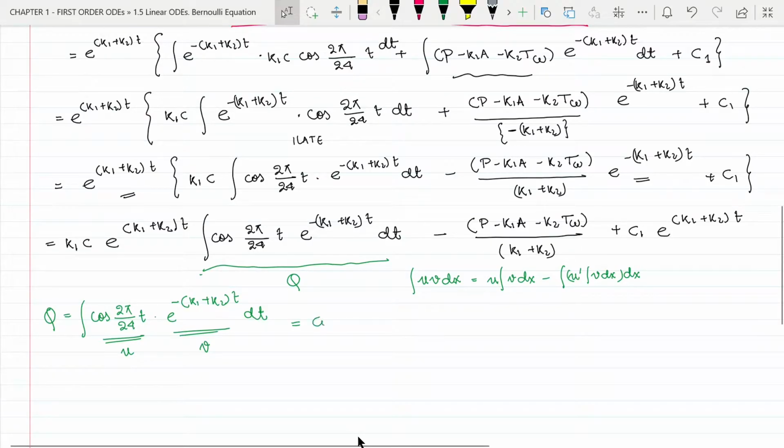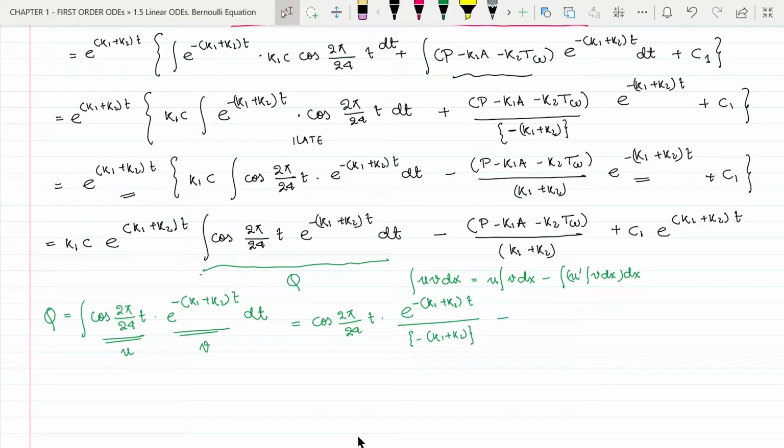So this is equal to cos 2 pi by 24t multiplied by integration of e to the power minus (k1 plus k2)t, which is e to the power minus (k1 plus k2)t divided by minus (k1 plus k2), minus integration of derivative of the first term u, which is minus 2 pi by 24 multiplied by sine 2 pi by 24t, multiplied by integration of e to the power minus (k1 plus k2)t, which is this term.